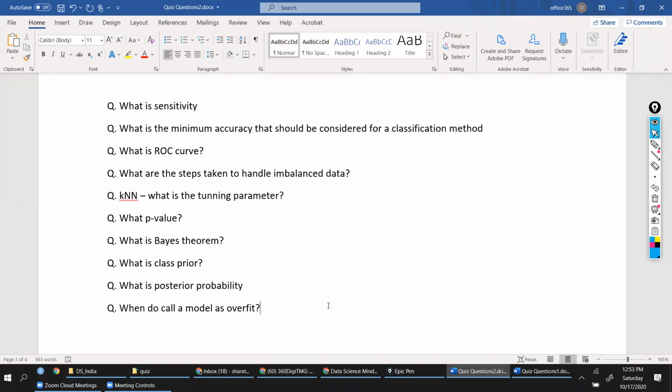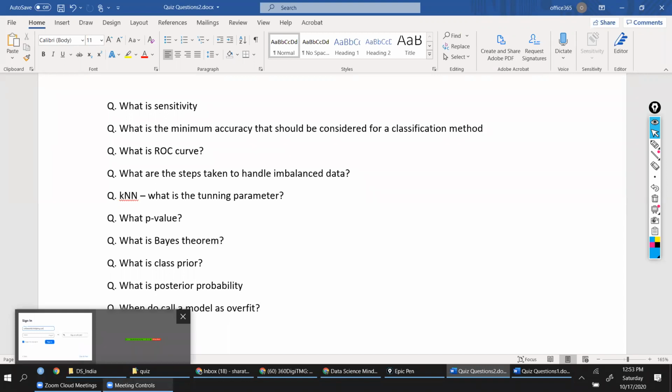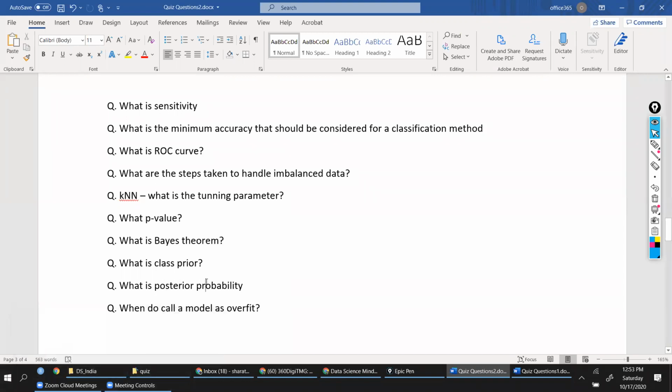That means the error difference between training error and test error should not be beyond 3% to 5%. If it is beyond that, then we consider it overfit, and this is only a thumb rule. It is not applicable for all cases.